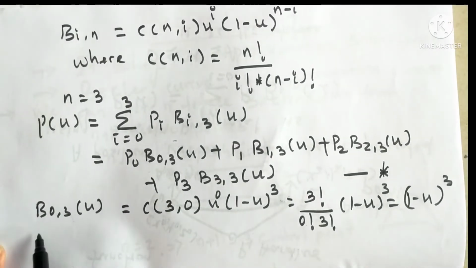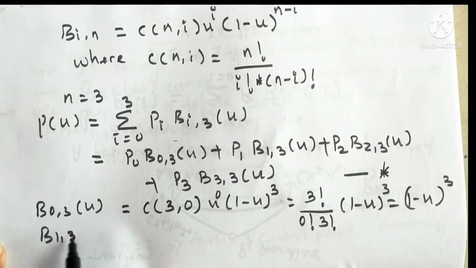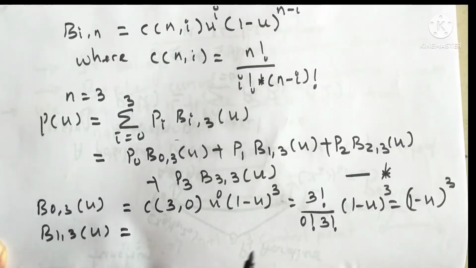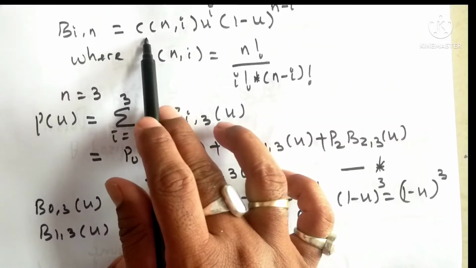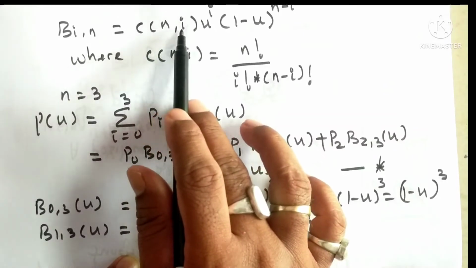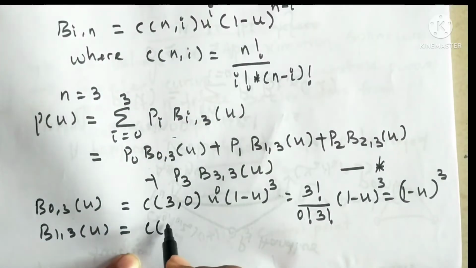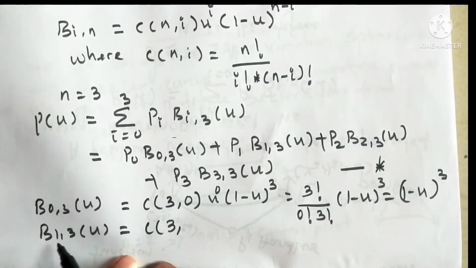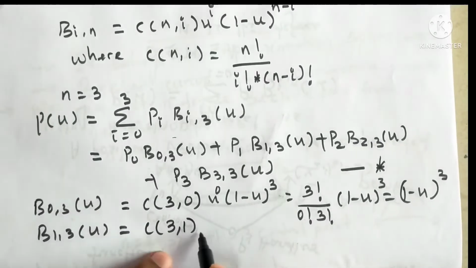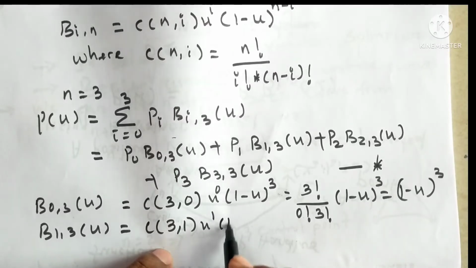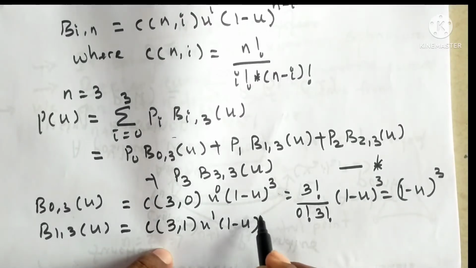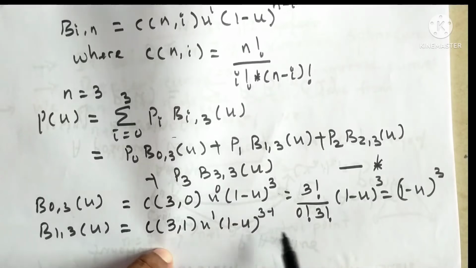So similarly I can find the value of B13 of u. So now you put that in your C of n i. So C of n is 3, i is here 1, u to the power i is 1, 1 minus u to the power 3 minus 1.